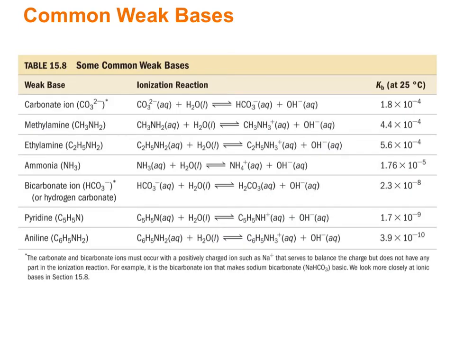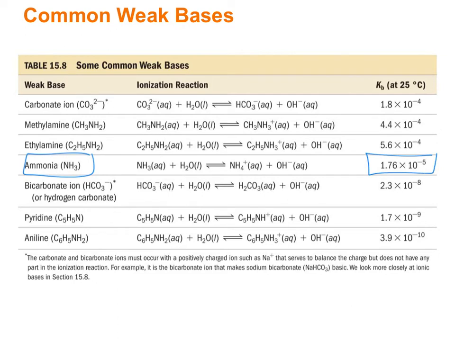Here are some common weak bases. So we are looking at, for example, ammonia. That's a very common one that you actually deal with in your life. Sometimes if you use Windex, it has ammonia in there. The Kb for that is 1.76 times 10 to the negative fifth, so it's somewhere in between.